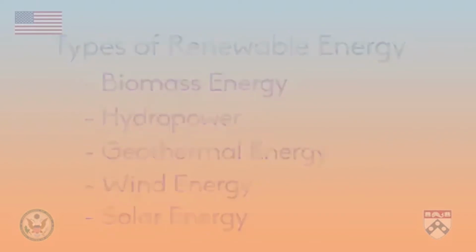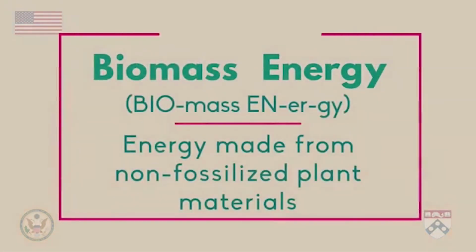Biomass energy is energy made from non-fossilized plant materials. In other words, plants that have not been turned into fossil fuels. Wood and wood waste are common forms of biomass energy.